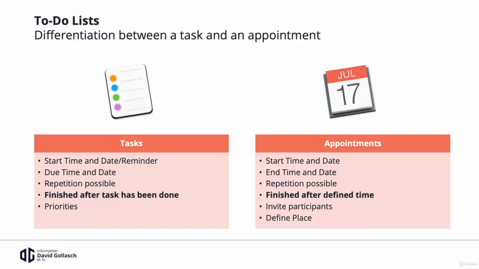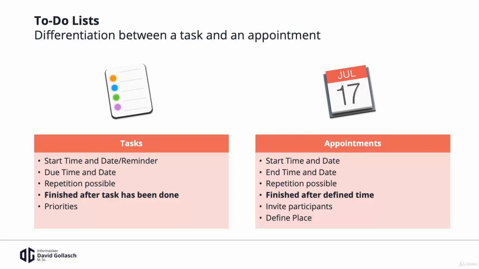But of course, the differentiation is that a task that shows up today and is not fulfilled today, that you didn't do today, will show up tomorrow as well, whereas an appointment that you planned today but didn't take care of today will disappear, and tomorrow it's not there anymore.